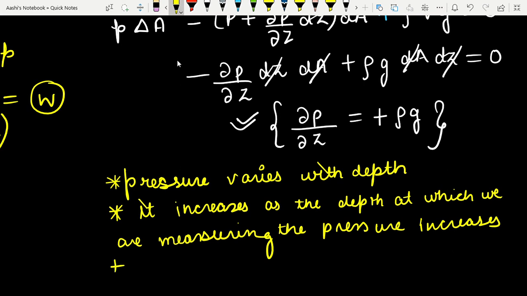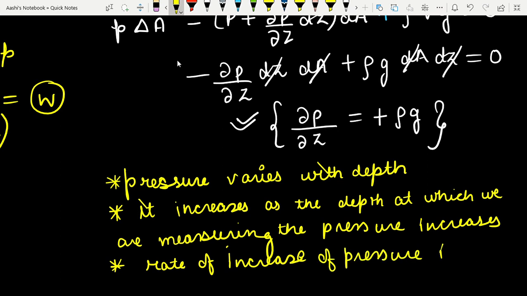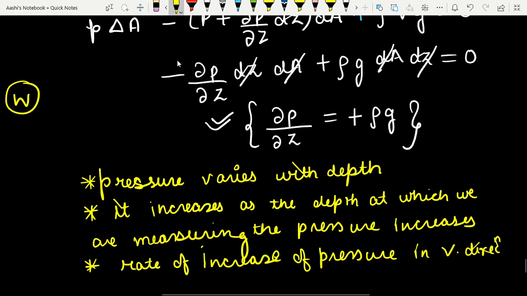And one more important point, what is the rate of increase? At what rate is it increasing?